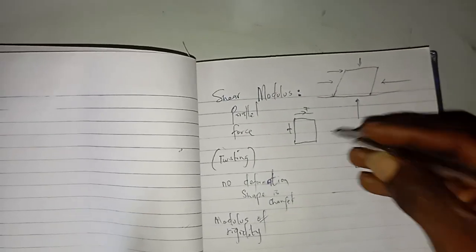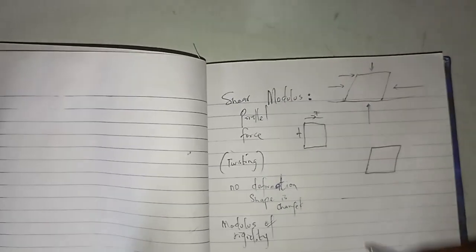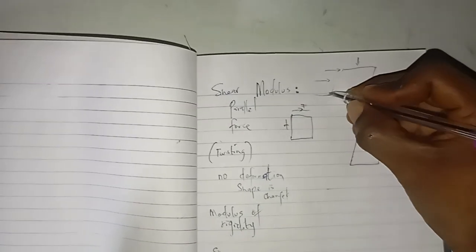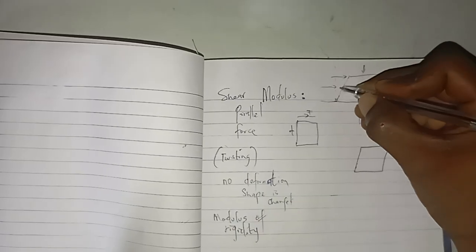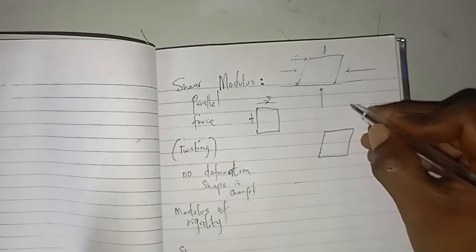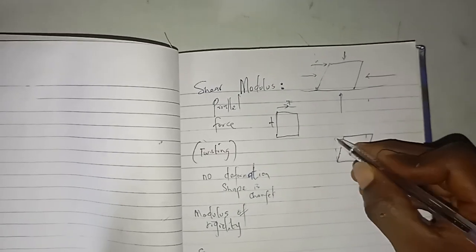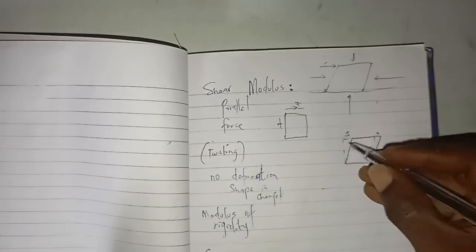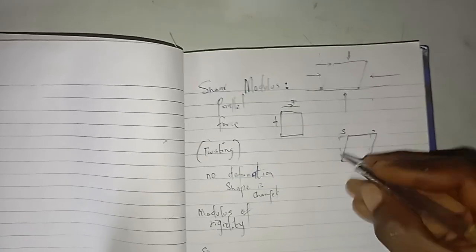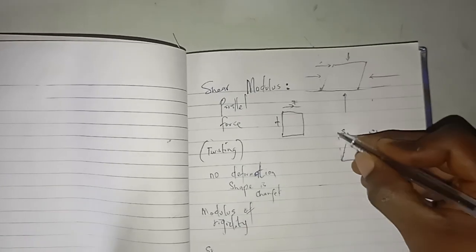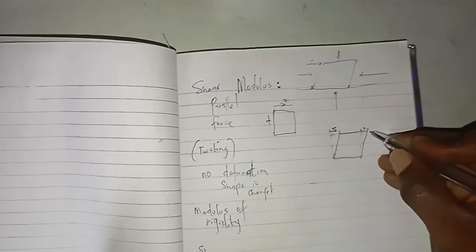So if you know this, and this is the D, the force applied here is a parallel force, and by the time you do this now, you see that this part tends to change. Initially it was like this. So this is the part you call the S. Those areas it's left, and the new area it's created, those are the parts you call the S. That is the displacement.